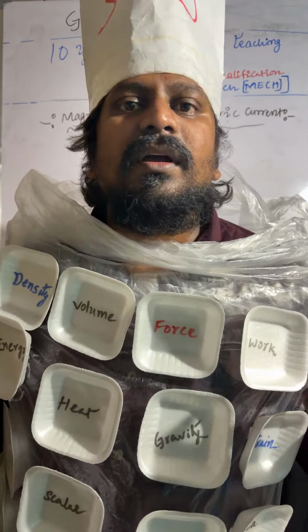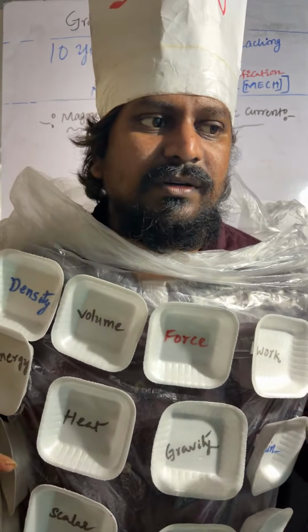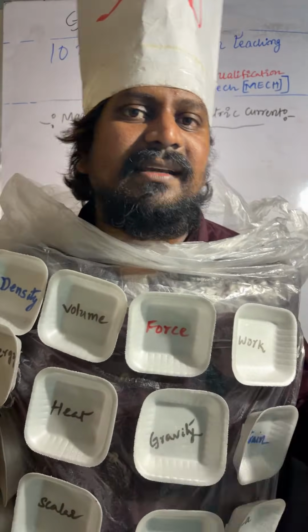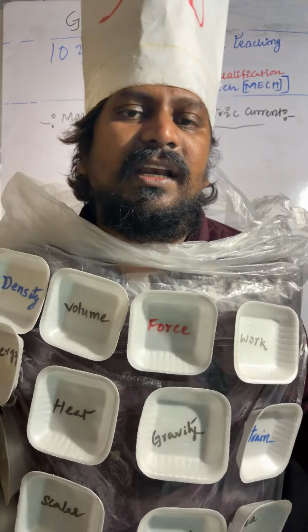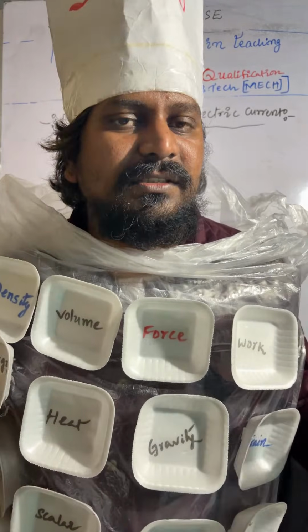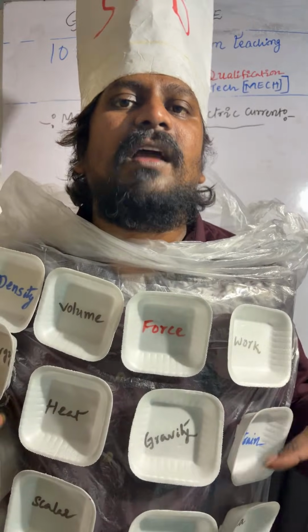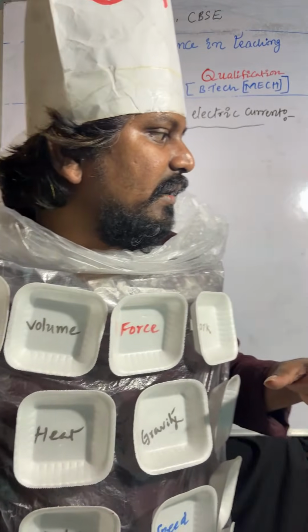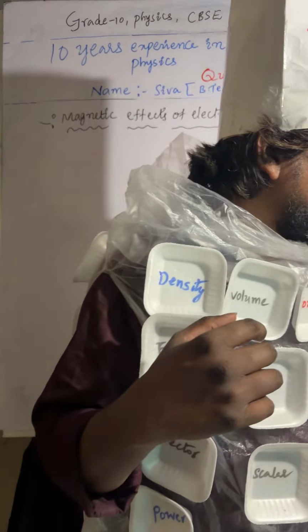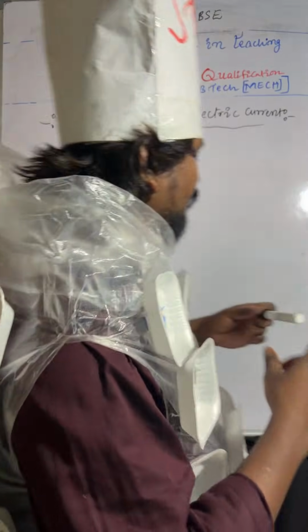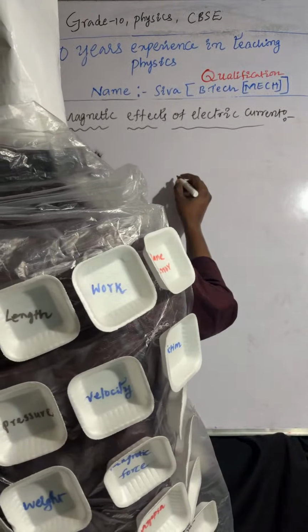Here we use different types of magnets: U-shaped magnet, horseshoe magnet, dumbbell shaped magnet, cylindrical magnet. Especially coming to the bar magnet, I'm considering this a bar magnet.